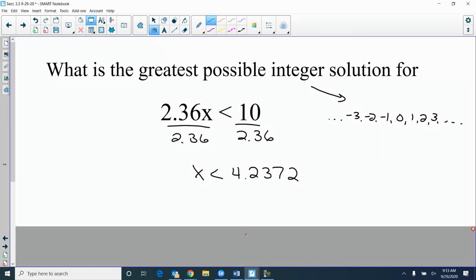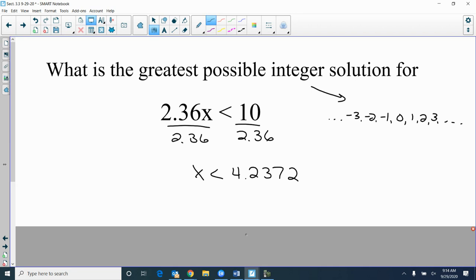Now again, you have to be able to answer the question asked. What is the greatest possible integer solution for that problem? What is the biggest integer that is smaller than 4.23? Zachary? It would just be the number 4.